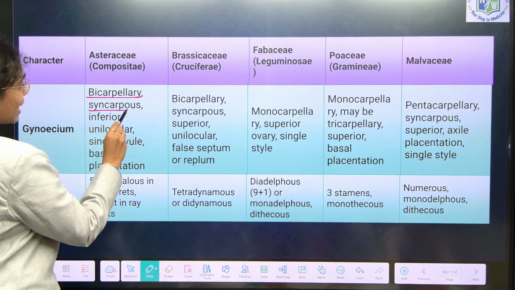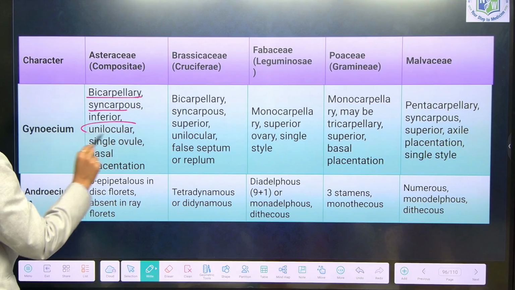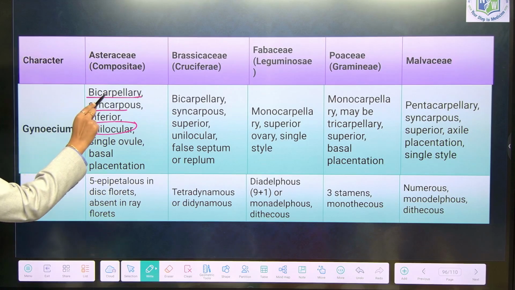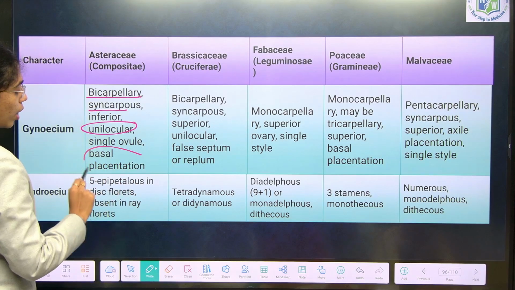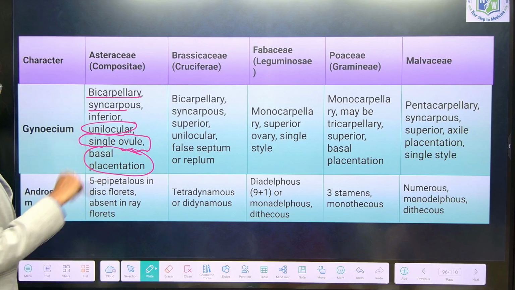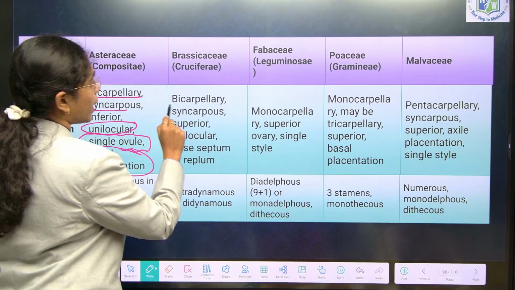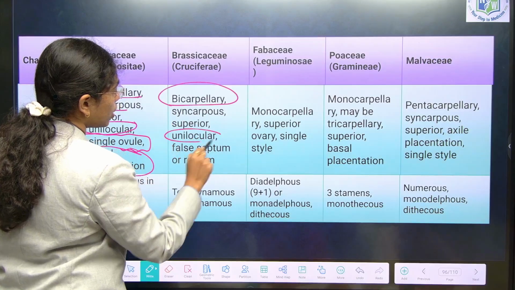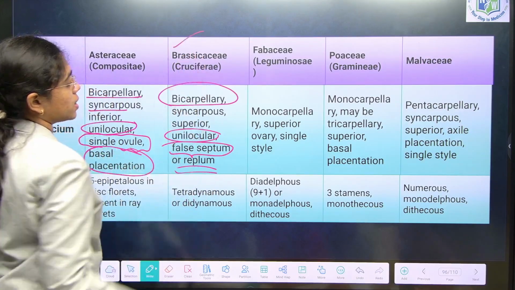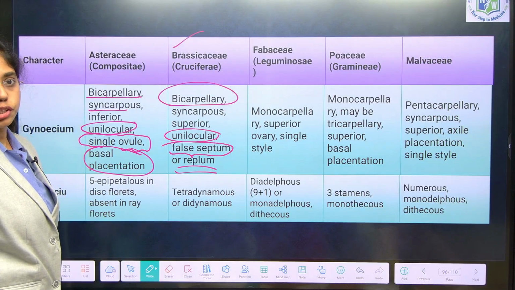Bicarpellary, syncarpous, unilocular. Everywhere placentation is important and how many carpels are present is important. This is bicarpellary and having what? Basal placentation, single ovule. Next, bicarpellary, unilocular, false septum or replum in Brassicaceae, parietal placentation.